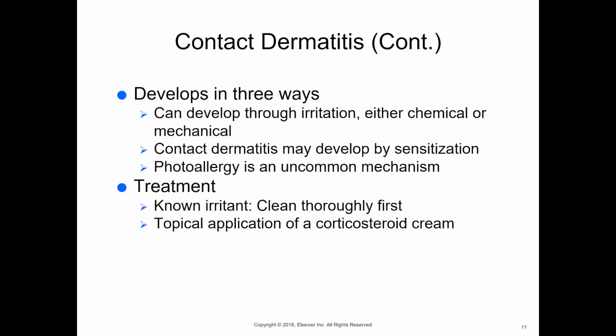So there's 3 main different ways that it develops, but it's often related to items like perfumes, soaps, para-aminobenzoic acid, PABA, and certain types of medications like tetracycline can sensitize the skin to sunlight, which can also be another way that this is caused as a photoallergy.